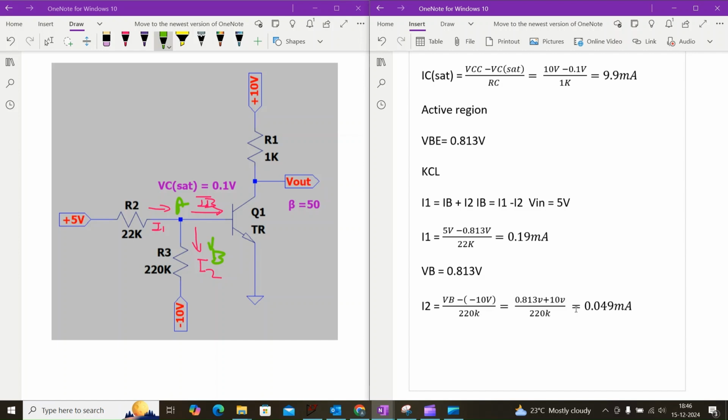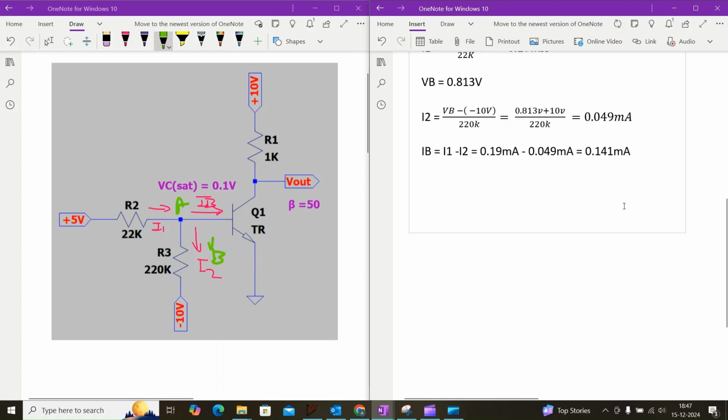So that the current IB is equal to I1 minus I2, which is equal to 0.19 milliamps minus 0.049 milliamps, and which is equal to 0.141 milliamps. Here, the value of the current IB is positive, so the transistor never goes into the cutoff region.